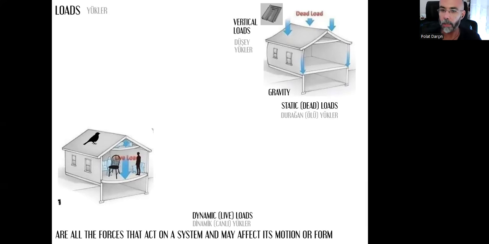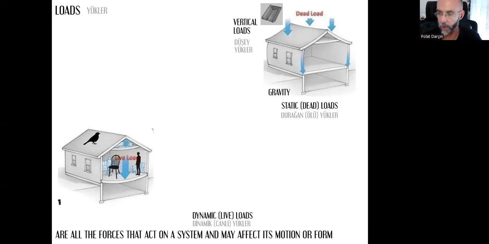These will create loads again, but they are sometimes there and sometimes not. If I'm standing on the floor, then I create this load over the floor. But if I move, if I leave the building, there's no load there anymore.